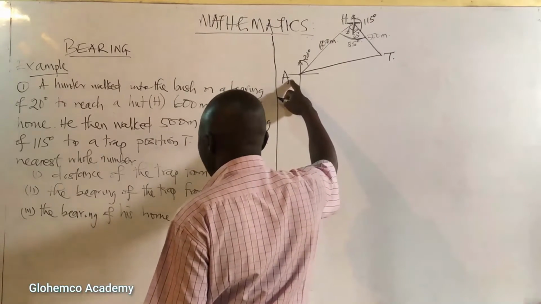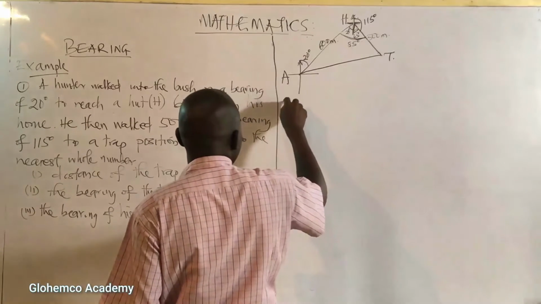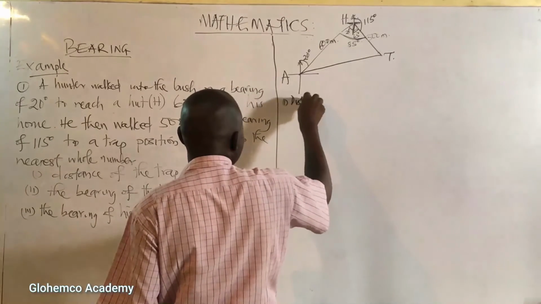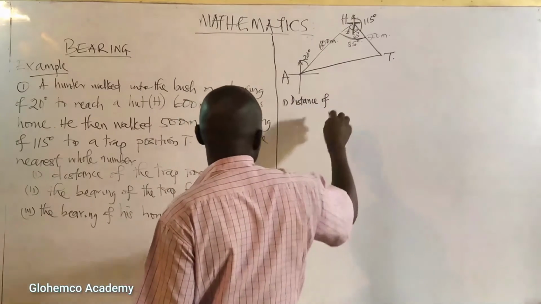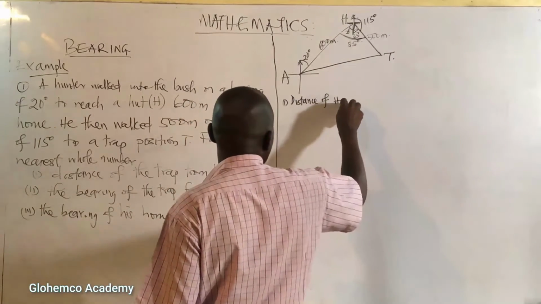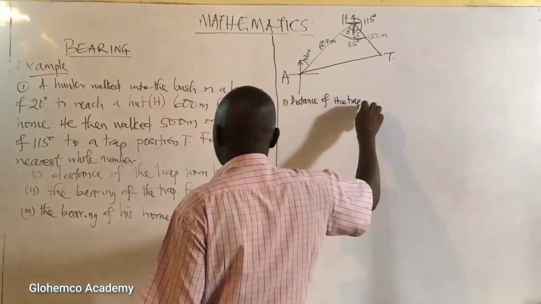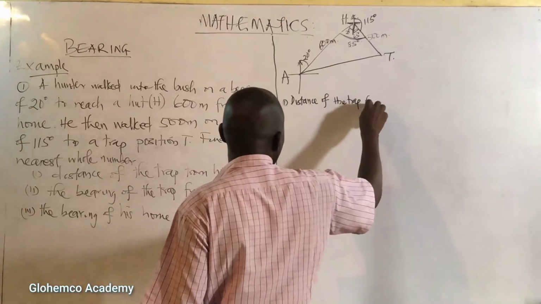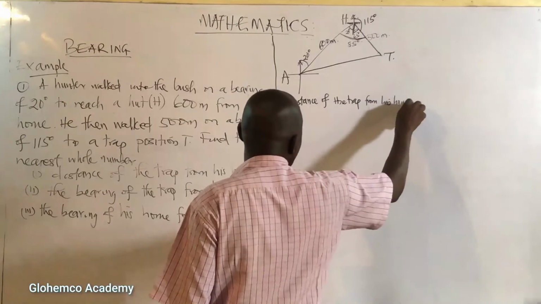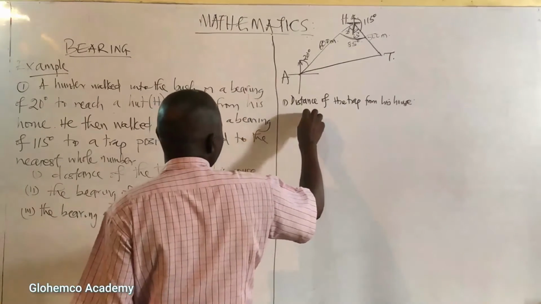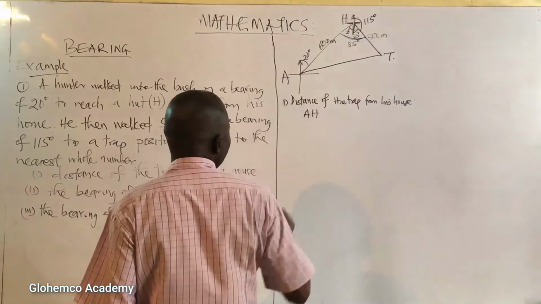So the distance they are referring to here, distance of what? The trap from his house will be AT.